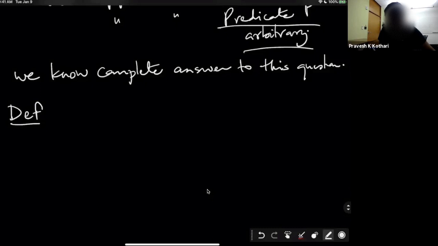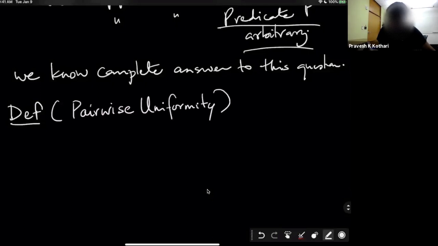And this will also demystify where this n to the 1.5 comes from. So let delta be the following quantity.